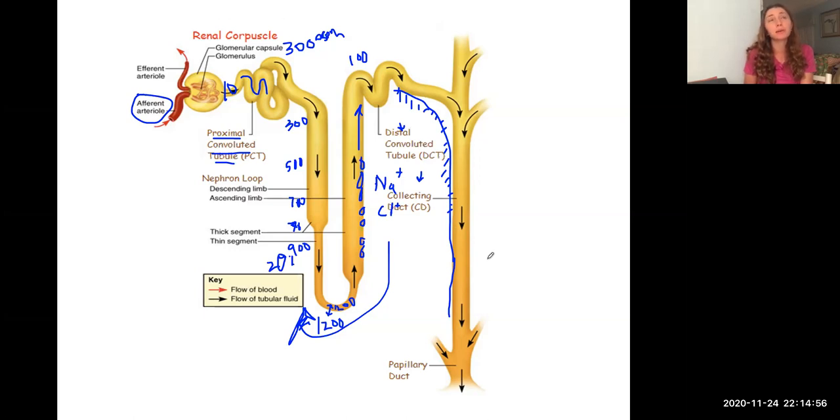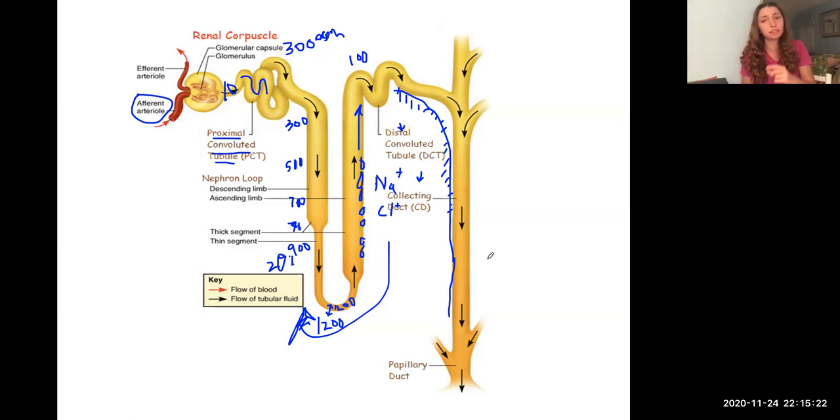The ions traveling in your blood at any given time, if your body needs them, then it will keep them. If your body has an excess of them, it will get rid of them. So clearance has to do with the solute.